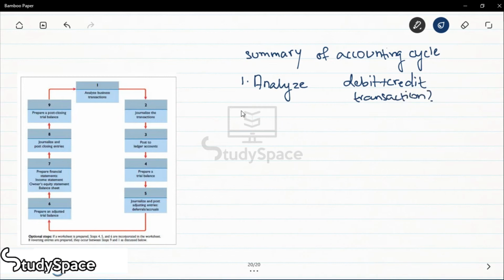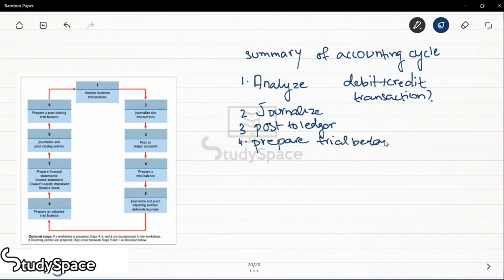Then we have journalize, entering the transaction. Thirdly, we would post it to the ledger. Fourth being preparing a trial balance. Then we add adjustments. Sixth would be our adjusted trial balance.